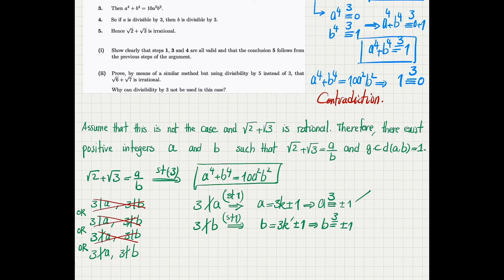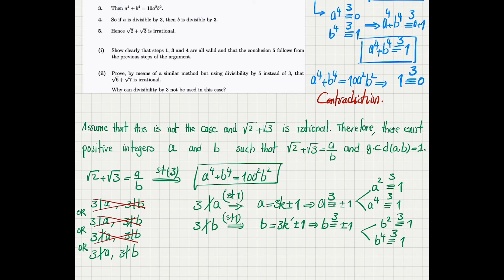Yes, so by raising to power 2 here, I will get that A squared is congruent to 1 modulo 3, and A to the 4 is also congruent to 1 modulo 3, and the same thing here. B squared is congruent to 1 modulo 3, B to the 4 is also congruent to 1 modulo 3.